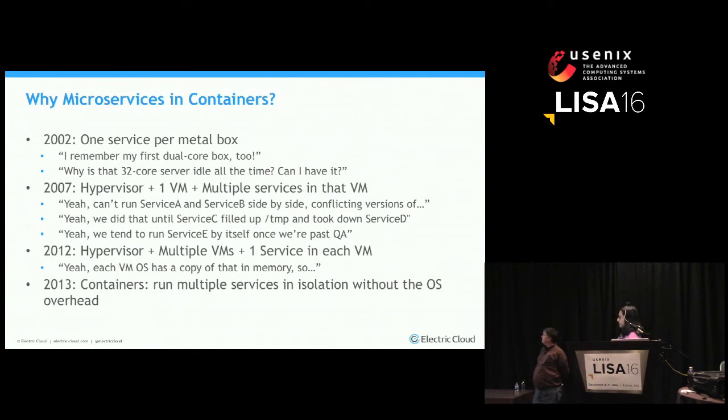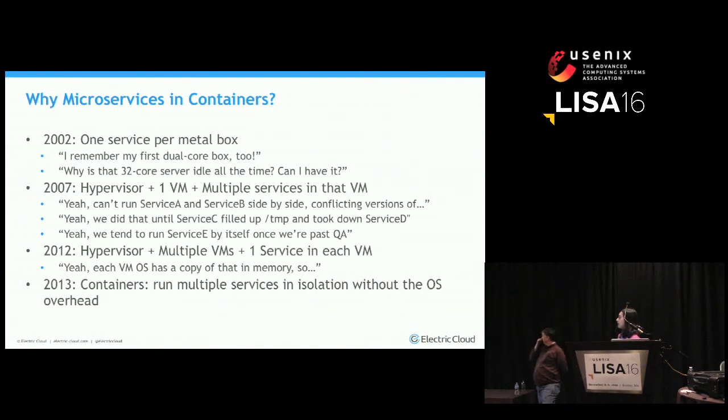While one service per box was very expensive and difficult to maintain if you have multiple microservices at that time, we've seen the progression where we went into virtualization. You might have one VM with multiple services running in that VM, but that's really not meeting the goal of the isolation that we're looking for, where you can have conflicting versions, one service taking up resources, or finding out that really one service ultimately has to run by itself.